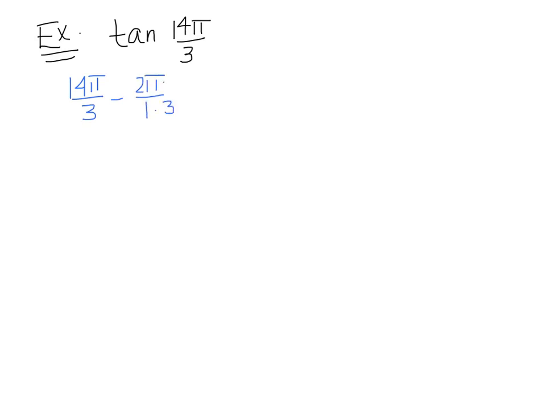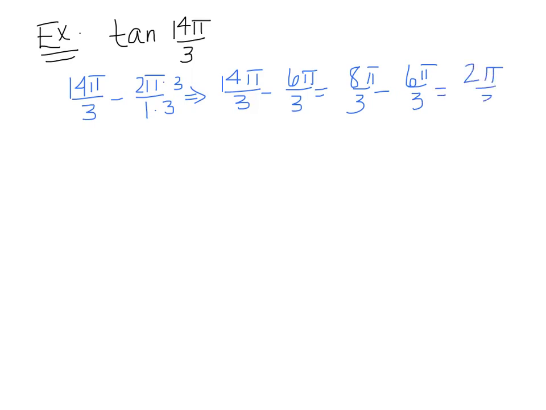Because here our common denominator is 3, which means we're going to have 14 pi over 3 minus 6 pi over 3 will give us 8 pi over 3. That's still not small enough. So we're going to take away 2 pi again. And now we have 2 pi over 3.